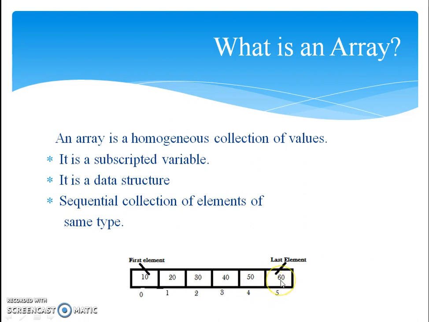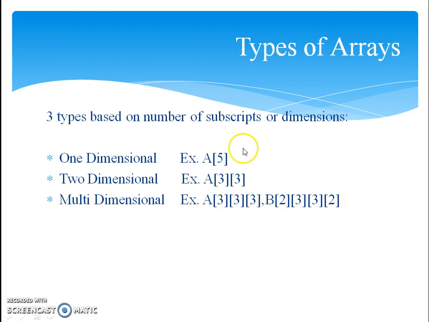The name of the array, which is the base address of the array, is very important, as that address can be used for locating all the other elements in the array. Now coming to the different types of arrays, there can be 3 types based on subscripts or dimensions: one-dimensional, two-dimensional, and multi-dimensional.